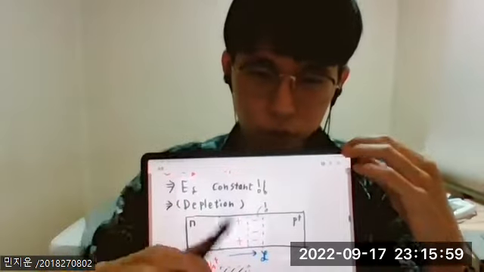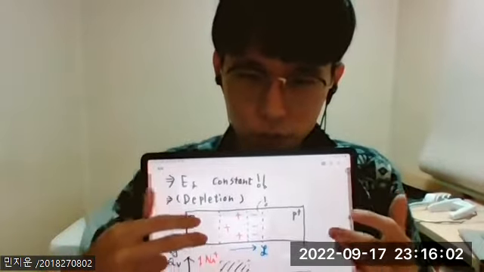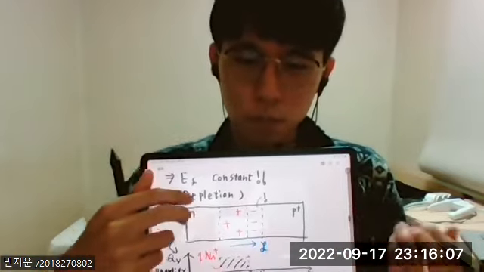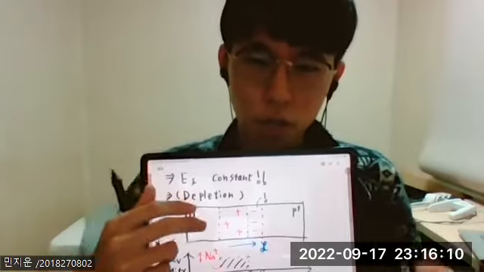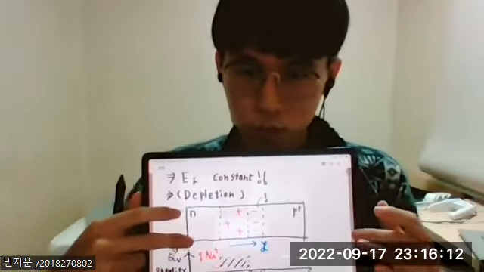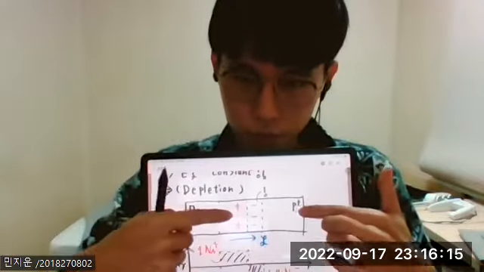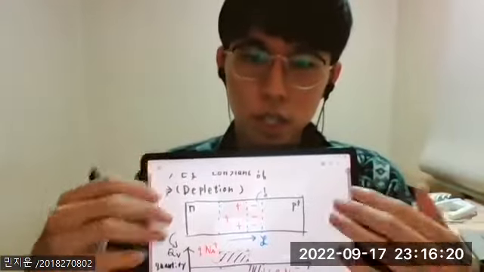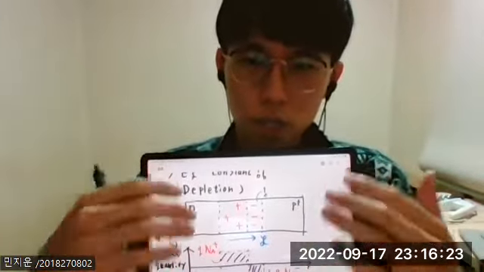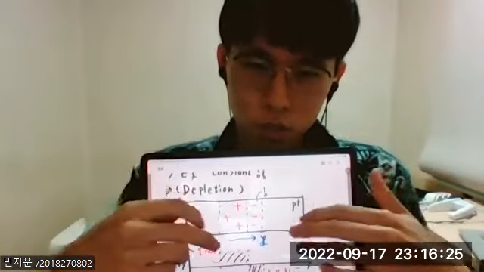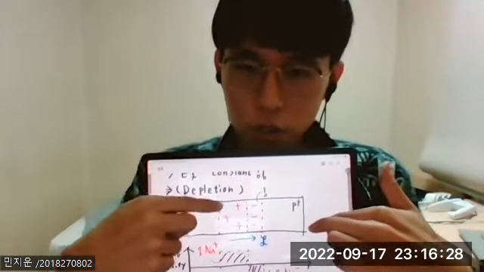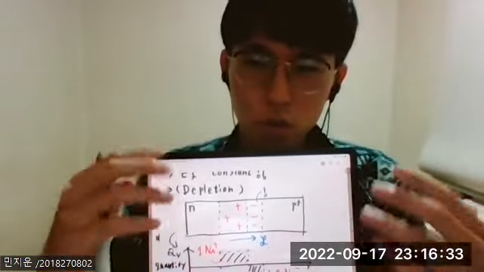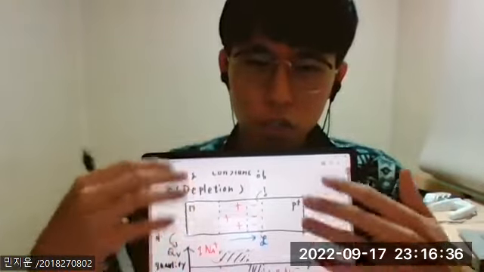So if you see this picture, when the N-type and P-type semiconductors are in contact, the hole carriers and electron carriers recombine. So in this region, there are almost no carriers.